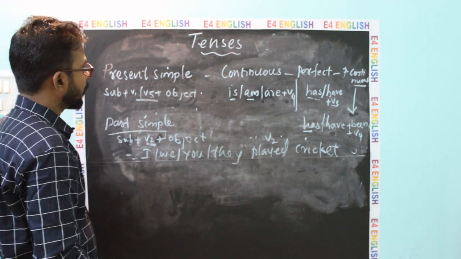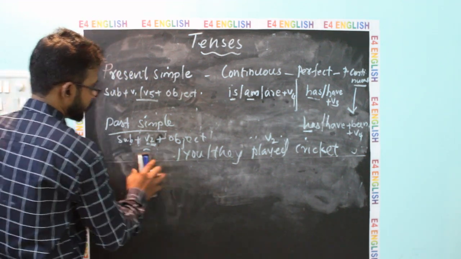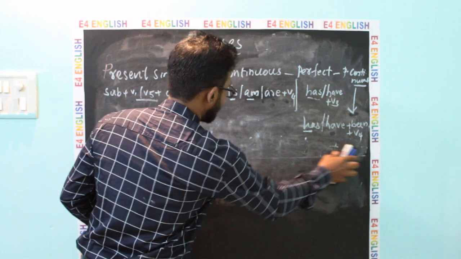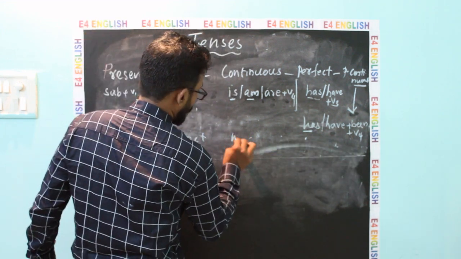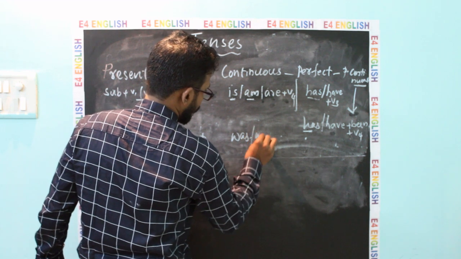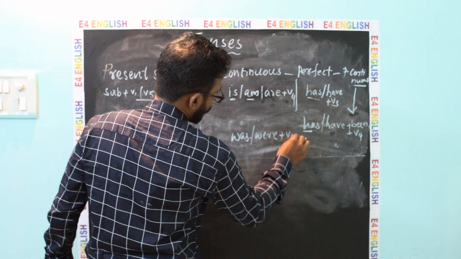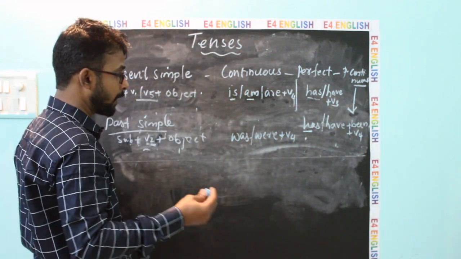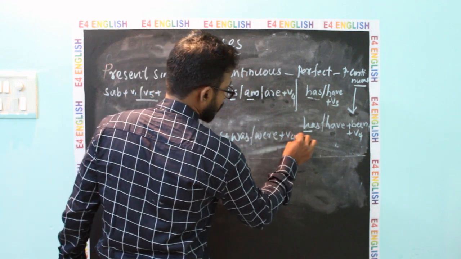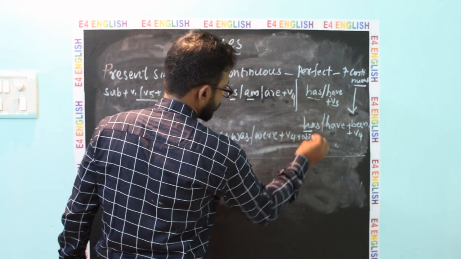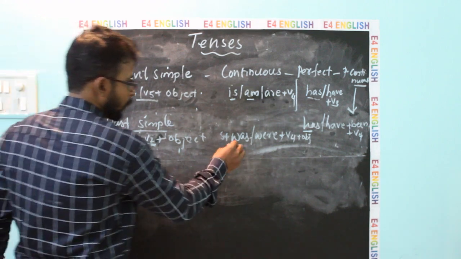Okay. Then past continuous. Let's go to past continuous. Past continuous form is was or were plus V4. Subject plus was or were plus V4 plus object.